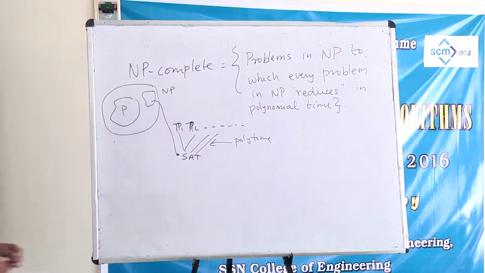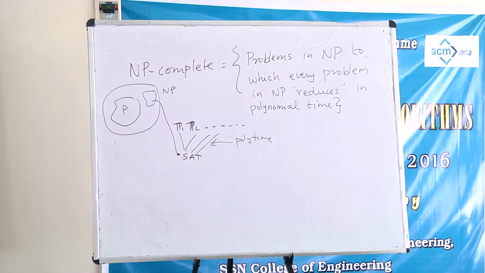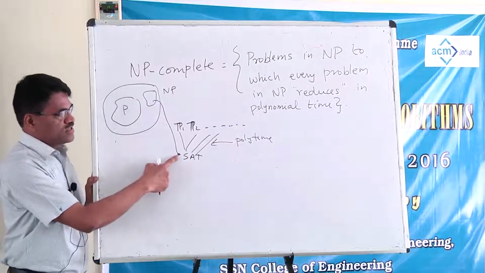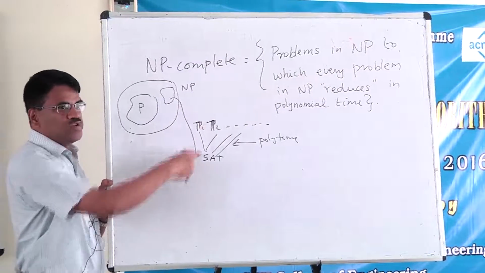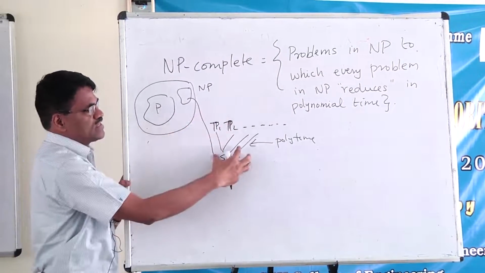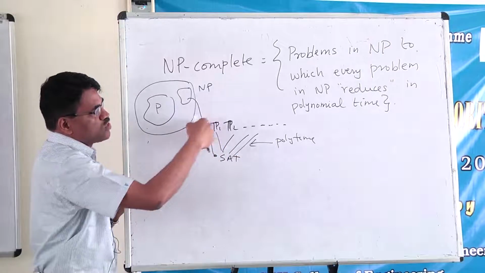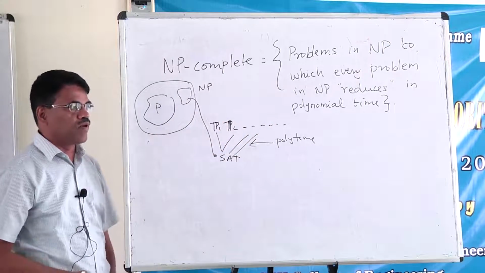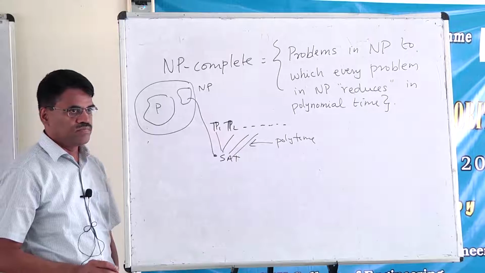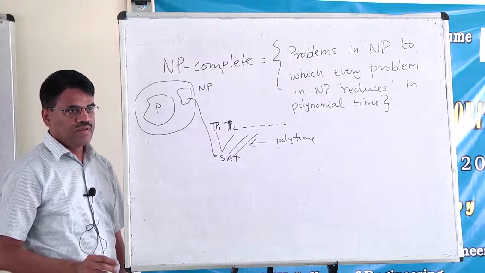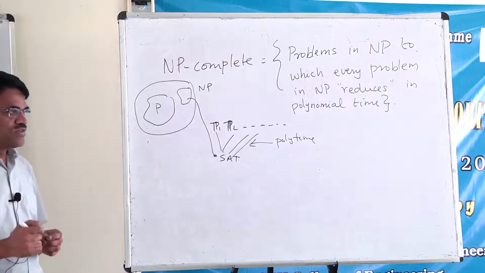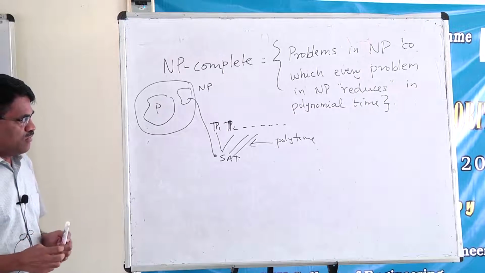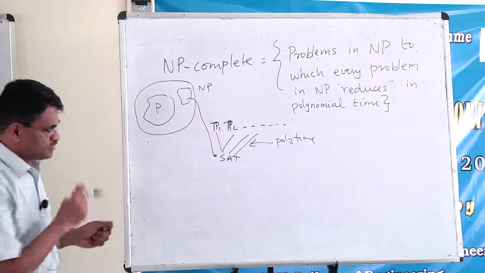What does reducing mean? Well, if this problem is solvable in polynomial time, then using this reduction, using this algorithm as a subroutine, we can solve every problem in NP in polynomial time. Okay, this looks like a complicated notion, but we'll see some examples.